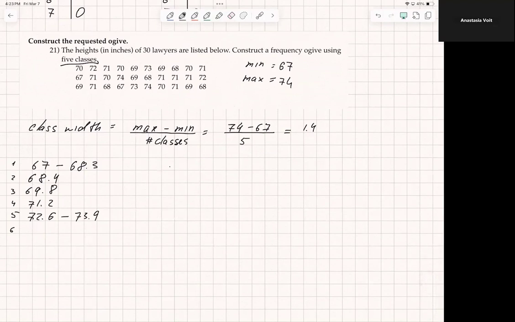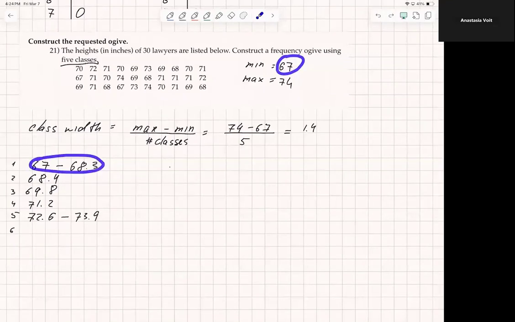And now let's look if we can assign minimum and maximum value to the classes. So 67, I'm sorry, 67. It is between 67 and 68.3. So the minimum value goes into the first class, so it's fine.